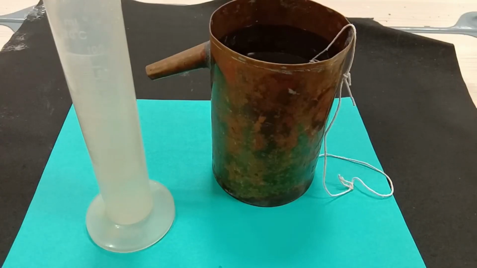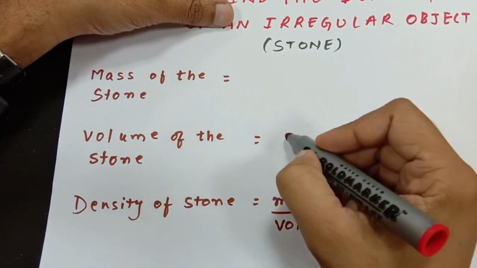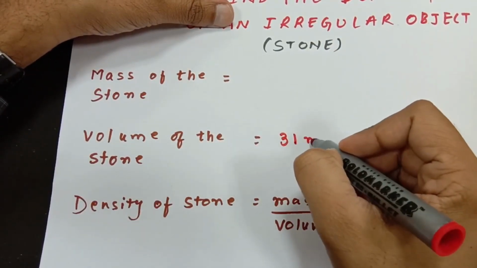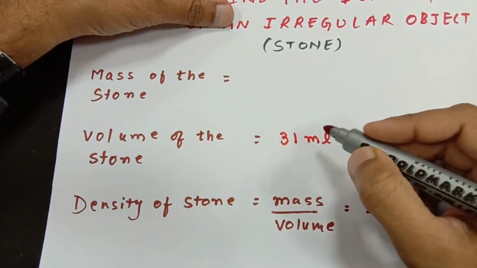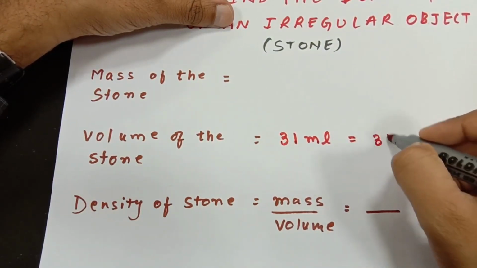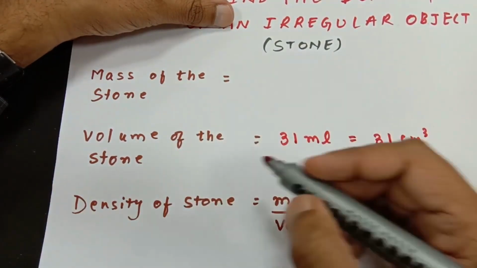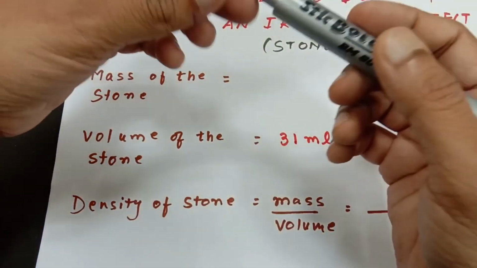So now let me note it down. The volume of the stone was 31 ml, and we know that 1 ml is equal to 1 centimeter cube. So this is 31 centimeter cube, that is the volume of the water displaced, same as the volume of the stone.